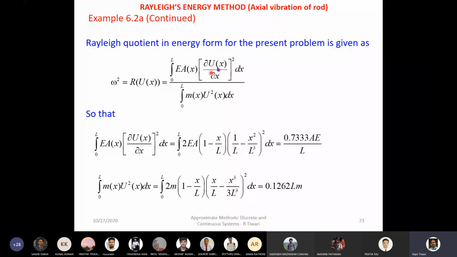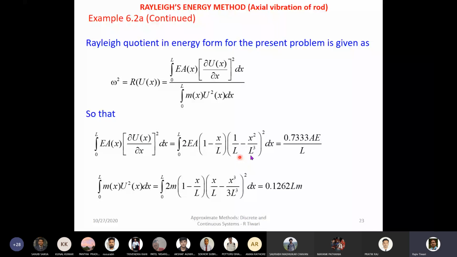Now I'm taking the upper part, the potential energy. Because the EA is varying with x and u of x we have chosen as the comparison function, EA is given by this, because we have the variation of the E like this. Here we have put the EA variation, and the first derivative of u we already obtained, squared.